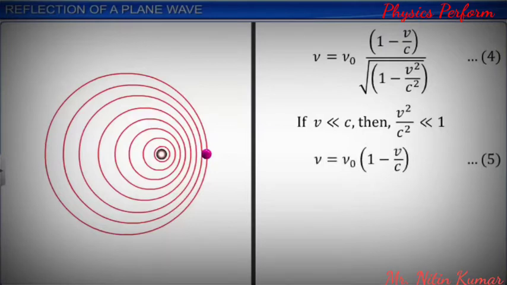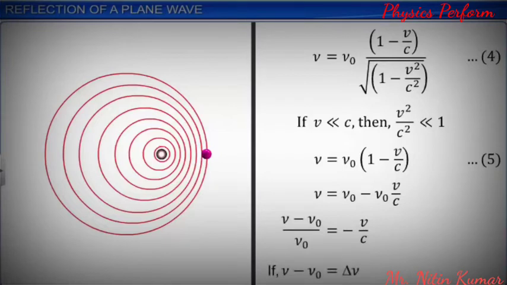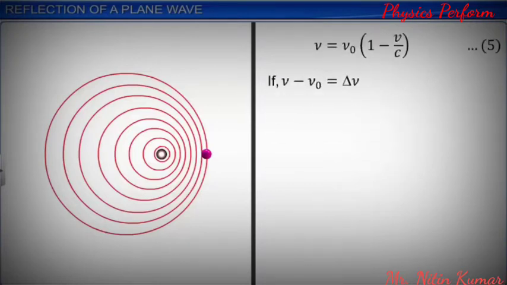Equation 5 can be rewritten as (nu - nu0)/nu0 = -v/c. If the change in the frequency nu - nu0 is written as delta nu, then the fractional change in the frequency delta nu/nu0 is equal to -v/c.